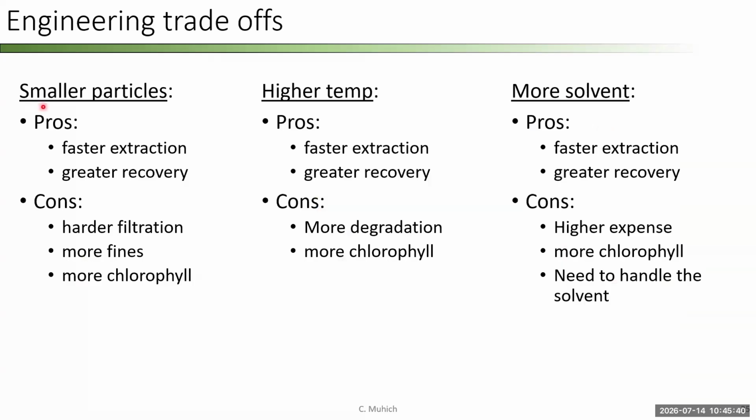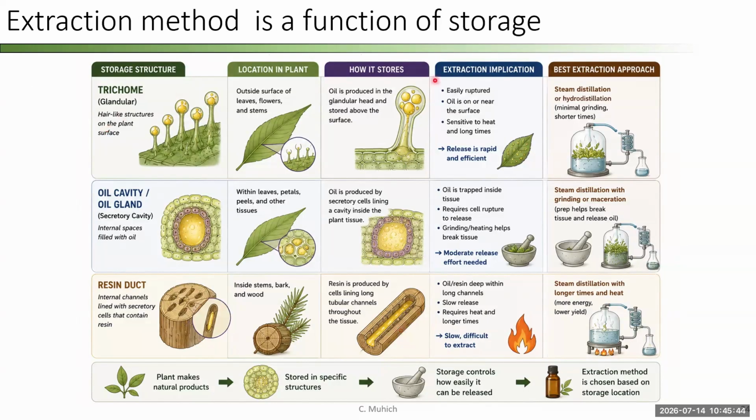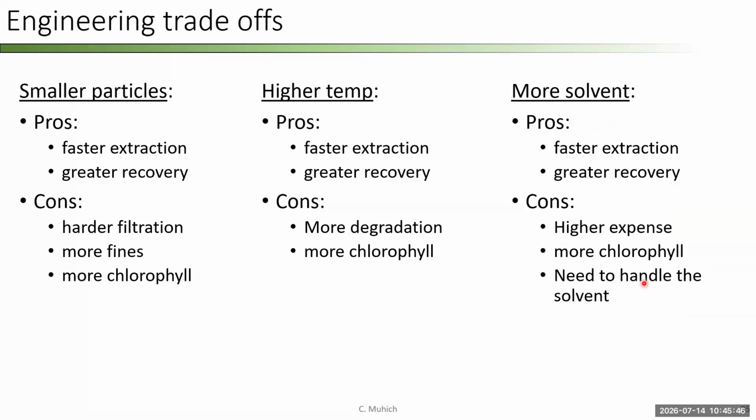So in how we want to deal with maximizing this extraction, in order to deal with the longer or slower diffusion lengths of, say, those resin ducts, we could say, okay, I'm going to use smaller particles. And that's going to give us faster extraction and greater recovery for however long I want to extract.